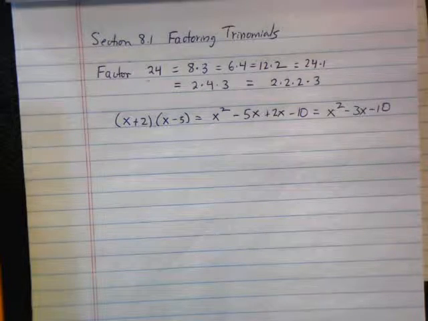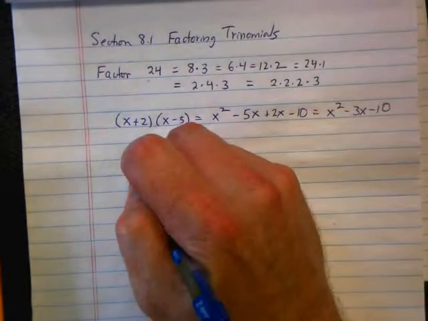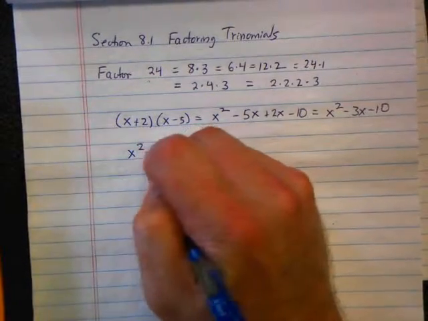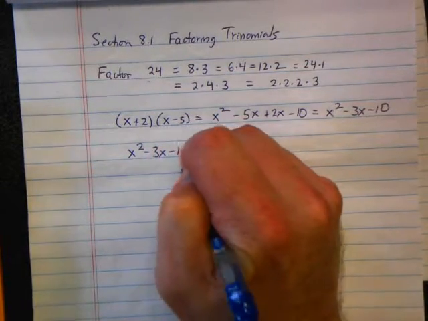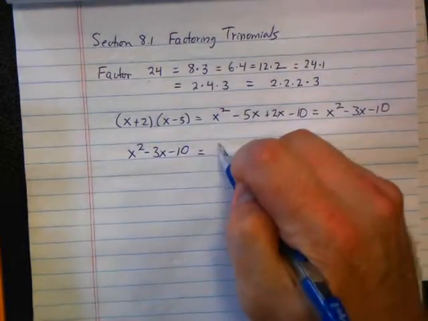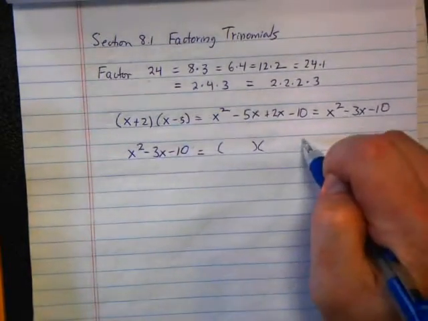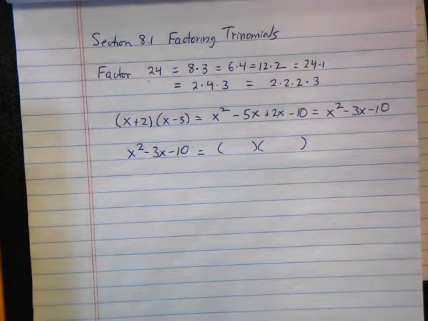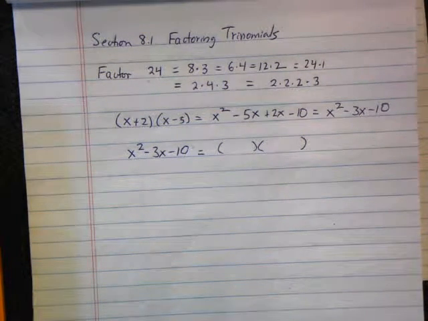So the important skill is to be able to go the other way. If I were to give you x squared minus 3x minus 10, how would you factor it? And to factor means to write it as 2 things, or more, in this case 2 things multiplied together.